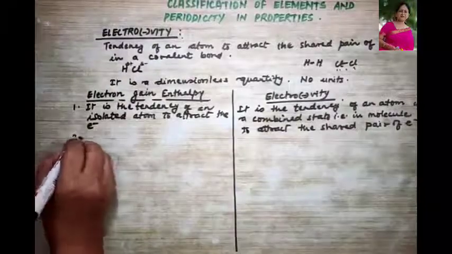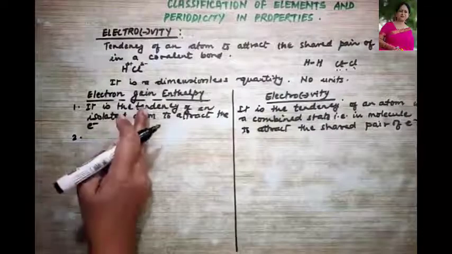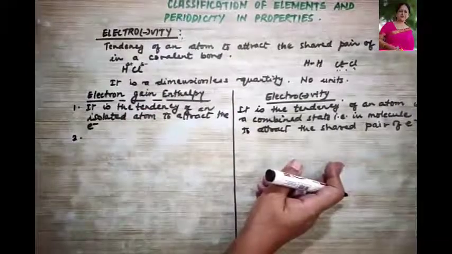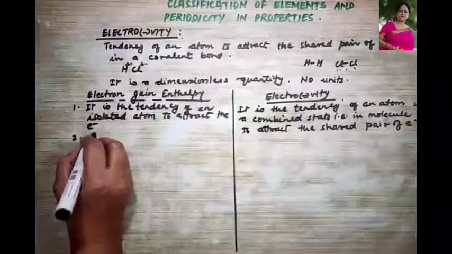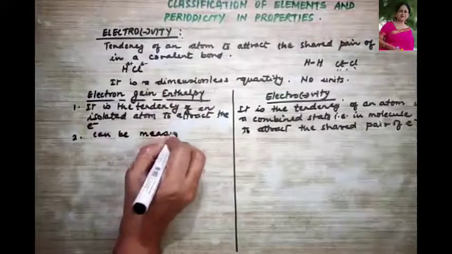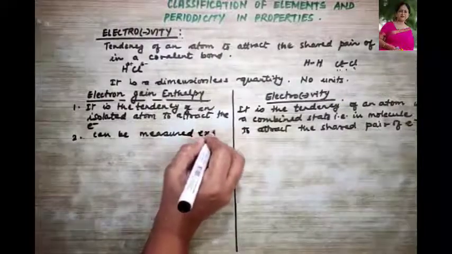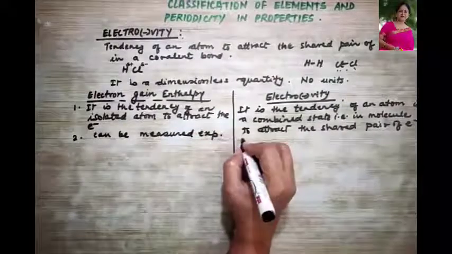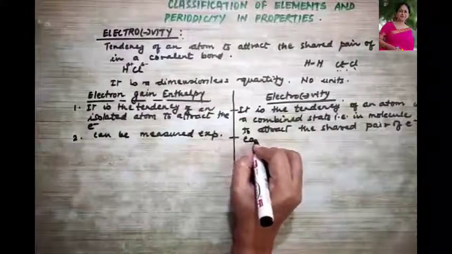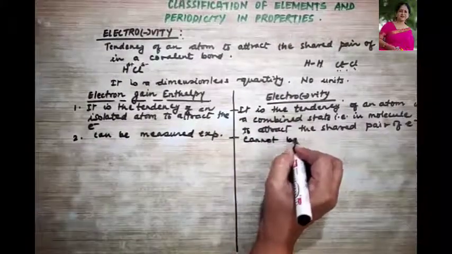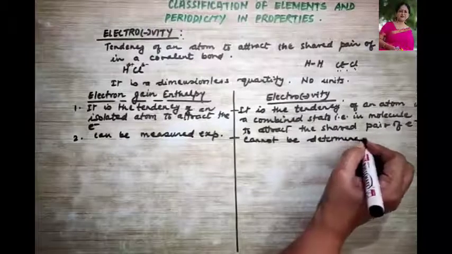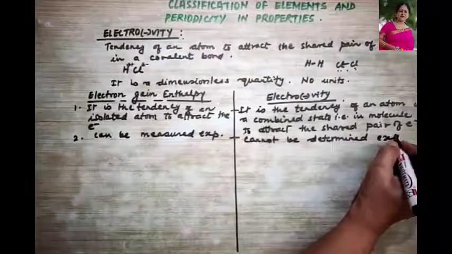Now, the second point of difference between the two: electron gain enthalpy can be measured experimentally, whereas electronegativity cannot be determined experimentally.